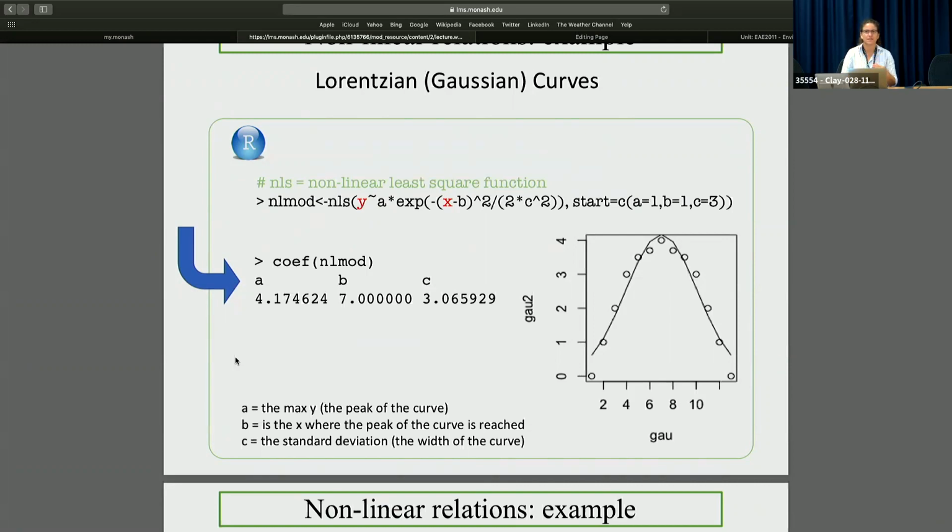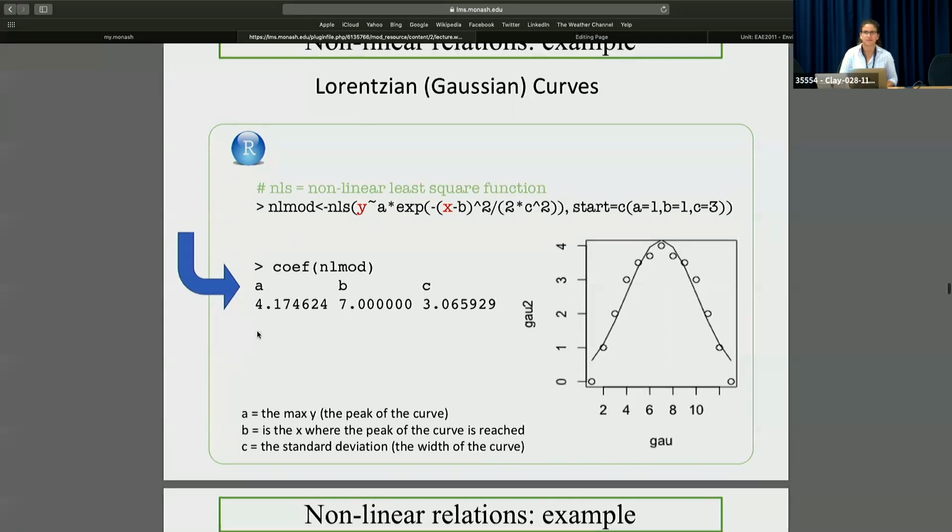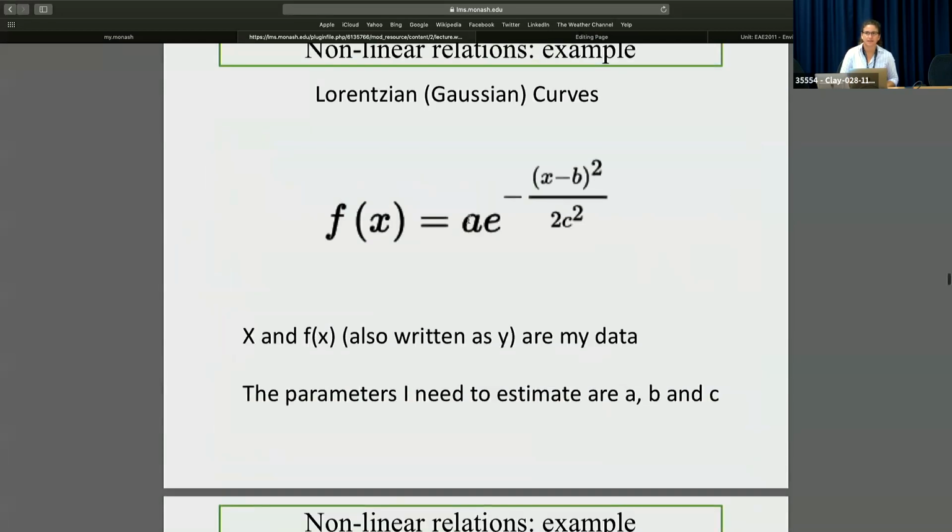So in the case of a Gaussian curve, I have A, B, and C. In that curve, A is the peak of the curve. B is where that peak occurs on the x-axis, so the placement of the peak. And C is pretty much the standard deviation, how wide my curve is.